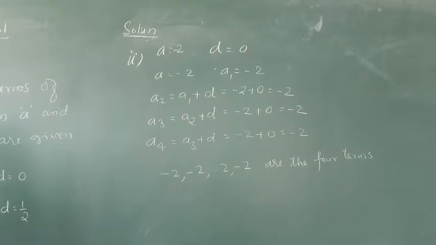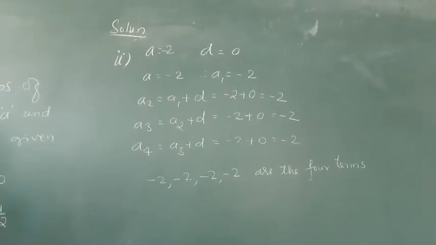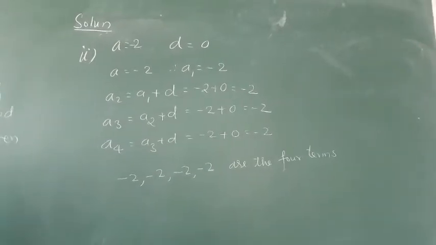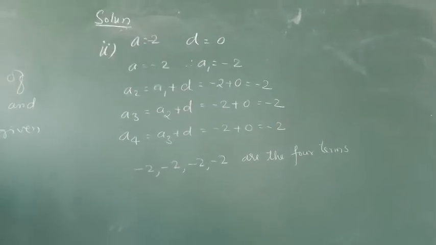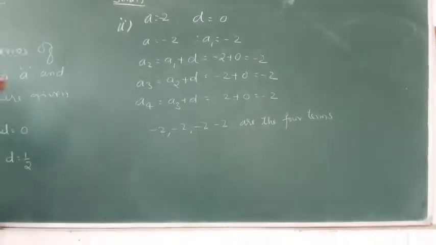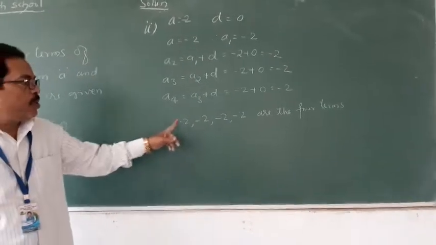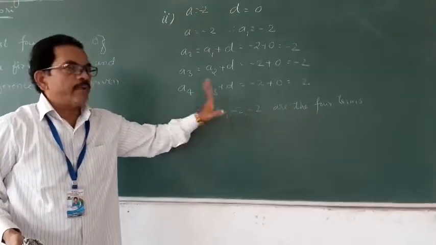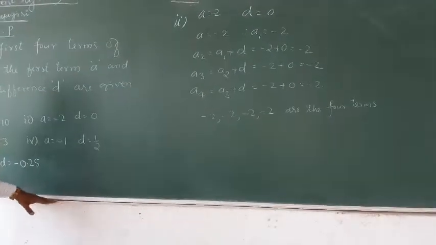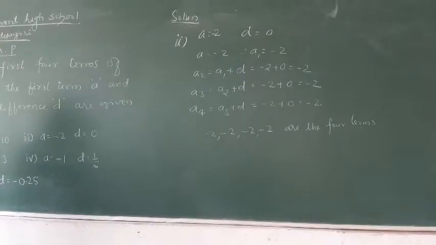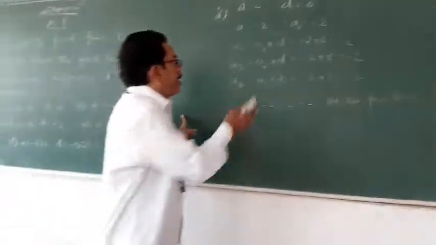A2 is nothing but the common difference added to the previous term, that is A1 plus D. Here also A3 is A2 plus D, A4 is A3 plus D. The values are substituted, then we get the terms of the AP in this pattern: minus 2, minus 2, minus 2, minus 2. What is the constant common difference here? The constant common difference is given, that is 0. Shall I continue with the third one? Okay.